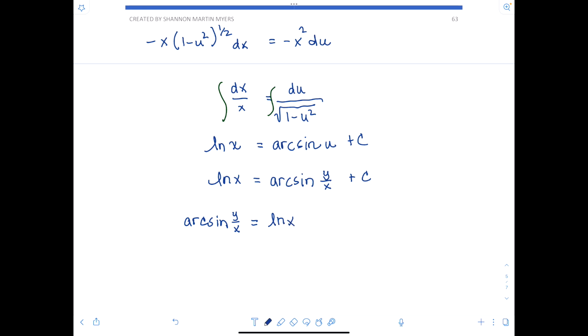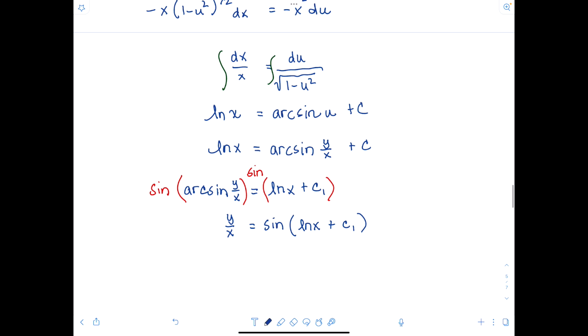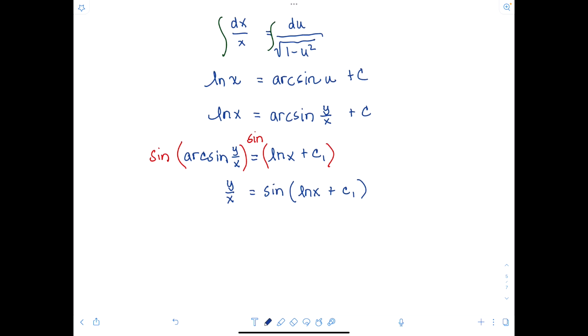If you subtract c, you get another constant, so I'm just going to say plus c1. And then evaluating the sine of both sides, we will have y over x is equal to sine at natural log at x plus some c1, and we're all done. Isn't that cool?